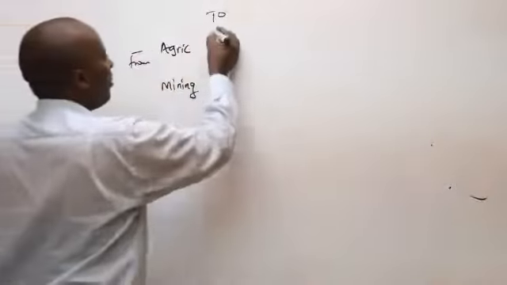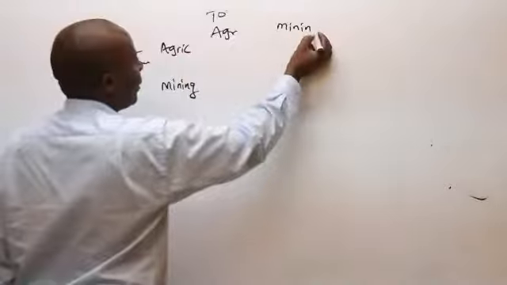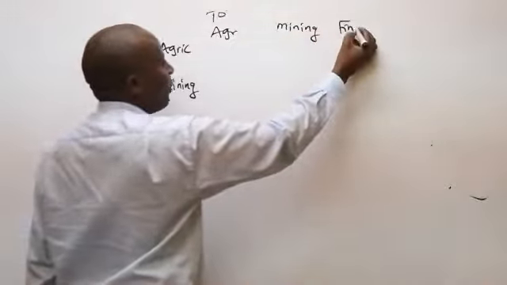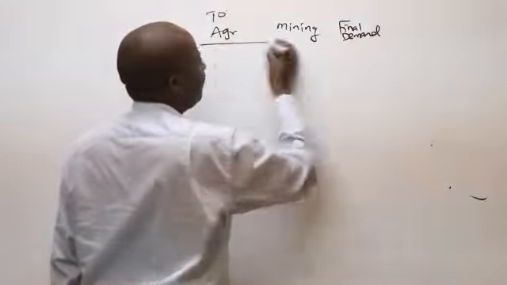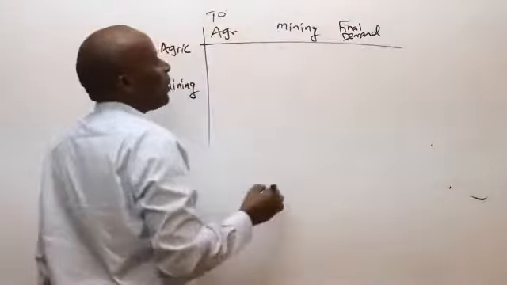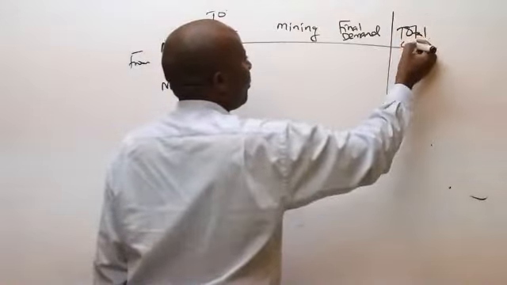We have the same matrix here, agriculture, mining. Then we have the final demand, and it'll give you what we call the total output.